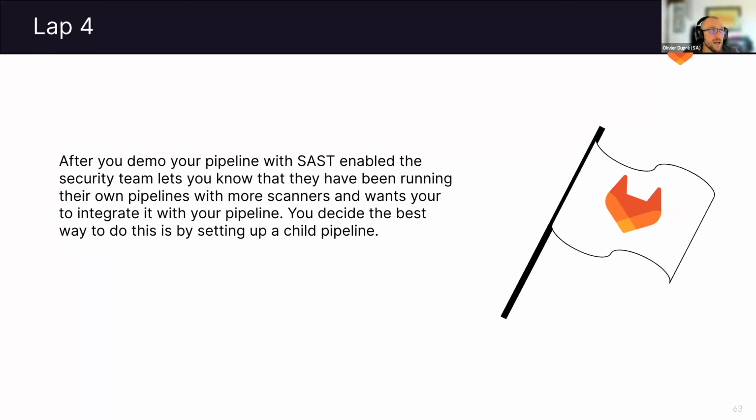So now that I have demonstrated the result of my pipelines and of the templates to the whole team at SaaS Tanuki company, other teams in the company are getting curious and are enjoying the power of pipelines, and the security team has defined their own pipelines regarding security, and they would like us to use them. One of the solutions that I'm seeing here is to use a child pipeline to trigger them, and this is what we are going to do.